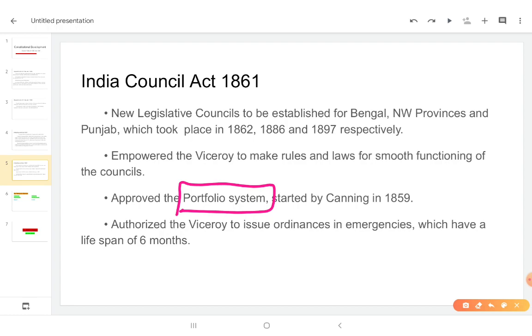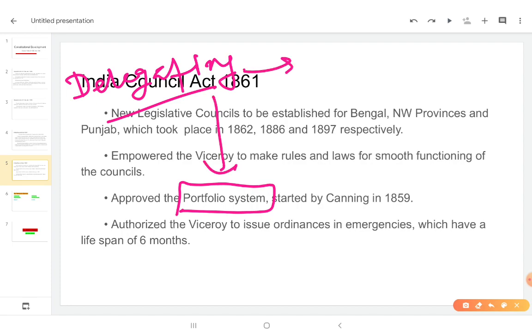So, dividing or delegating the powers by governor to his subordinates or to his fellow members. This system was called as portfolio system, and it was started through this act by Lord Canning. It already started in 1859, but it was approved through 1861 Act.